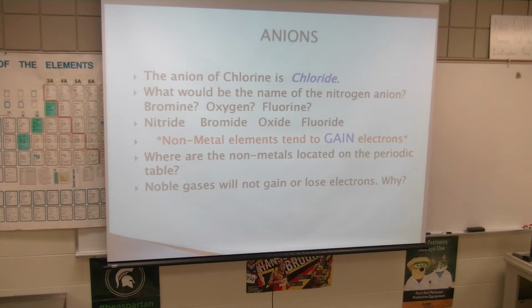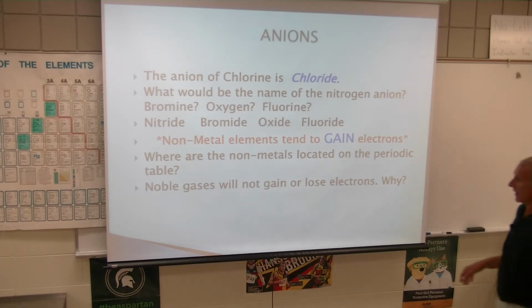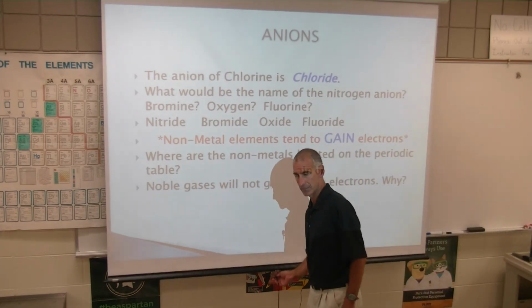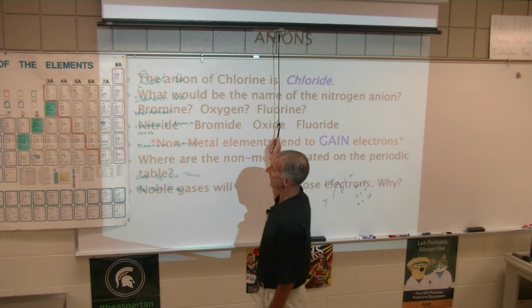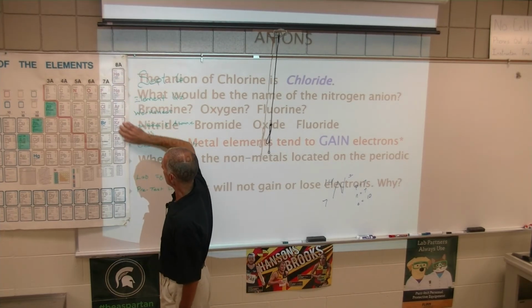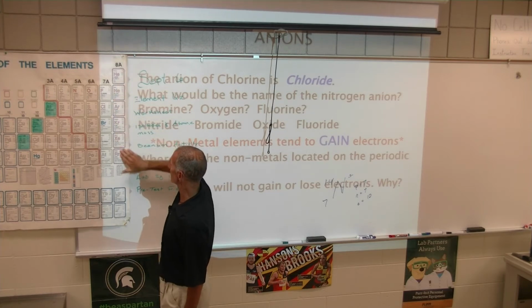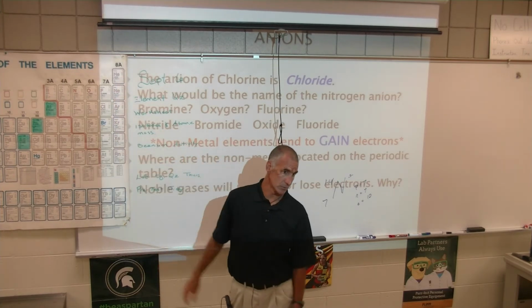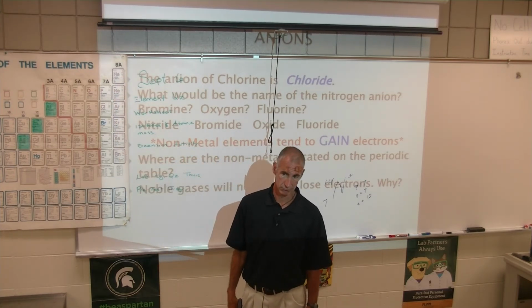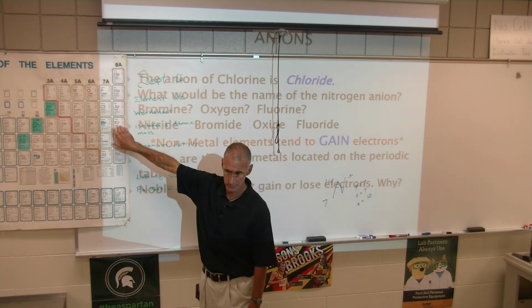Noble gases, though. Where are the noble gases? You learned this way back in the day. Noble gases are the last column. So these are the noble gases here, this last column. They're all noble gases, and these are the only ones that do not lose or gain electrons. They are considered stable.